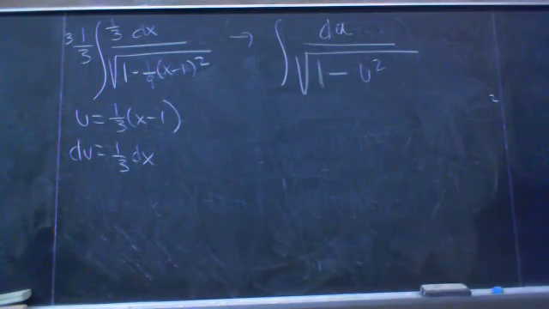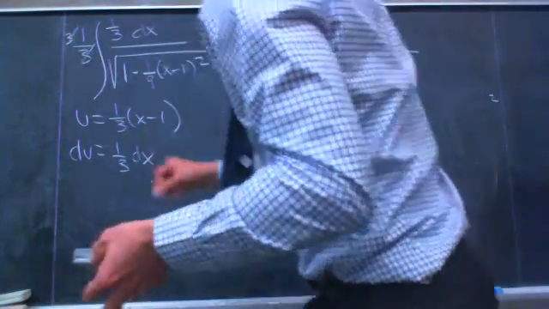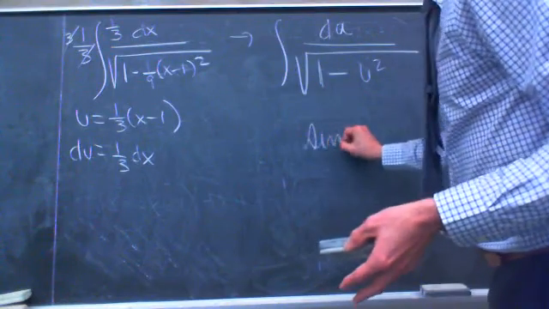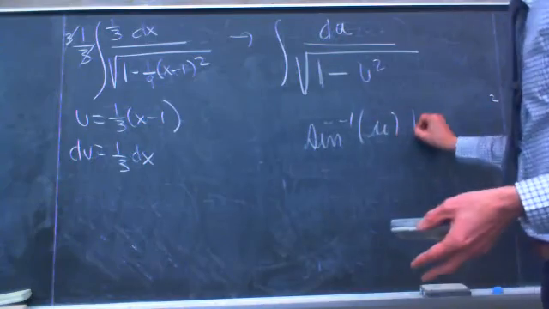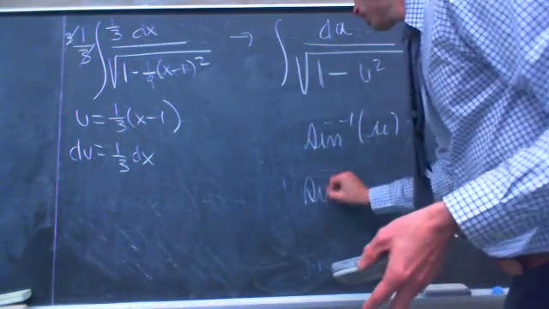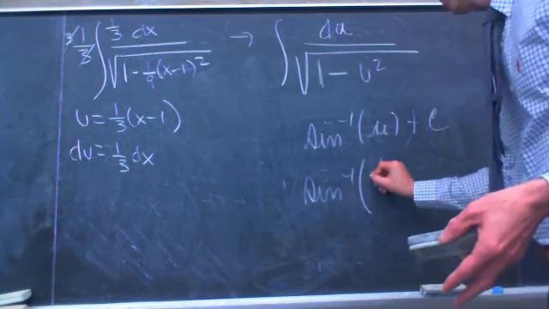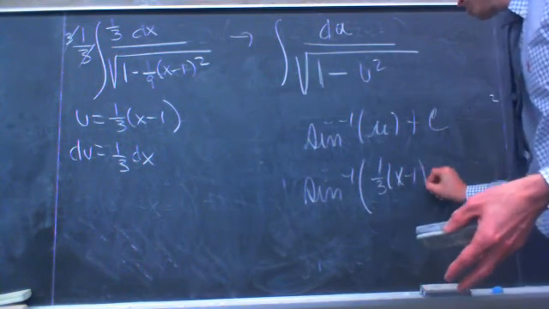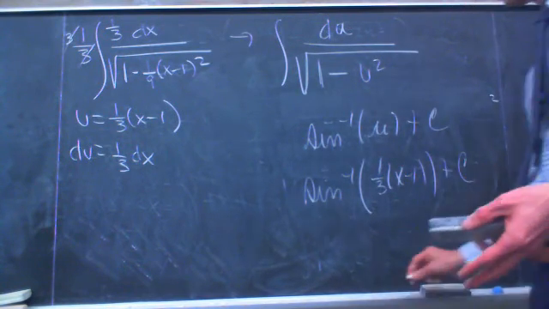And that is, well, that's just 1. This is exactly sine inverse of u plus c. So it's going to become sine inverse of 1/3 of x minus 1 plus c.